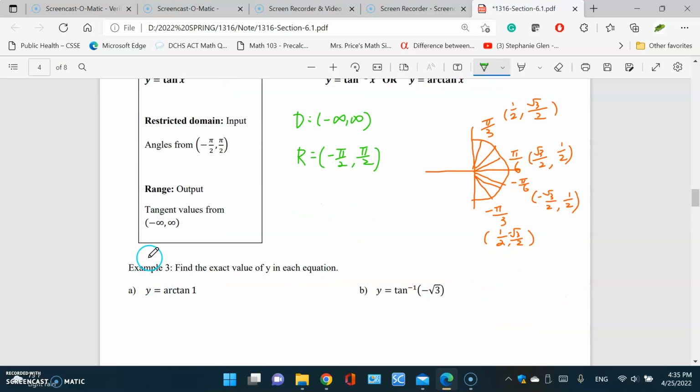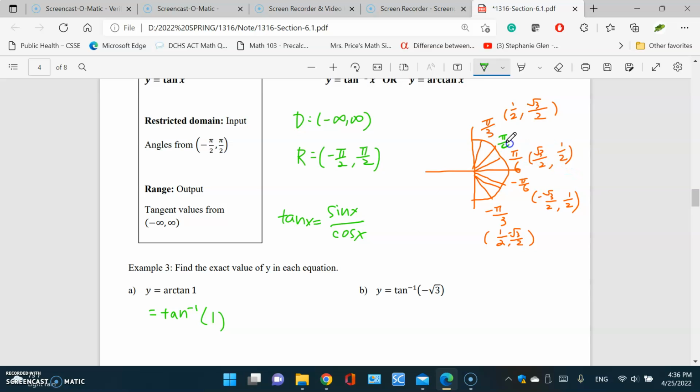So when you are looking for tangent inverse of the exact value 1, tangent is sine divided by cosine. So we take the sine divided by cosine.